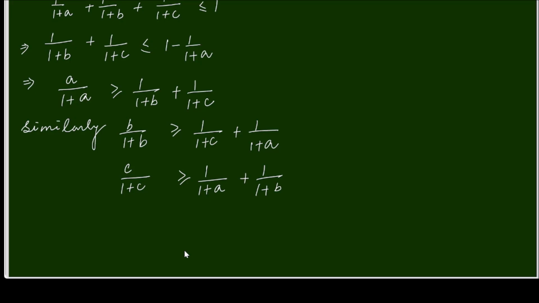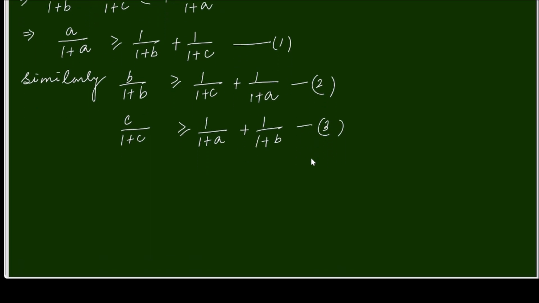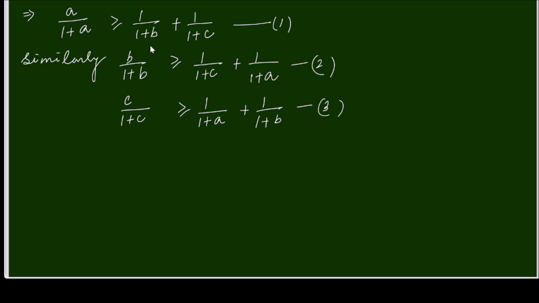So from the first relation, for each, I'll apply the relation between arithmetic and geometric mean. For the right hand side, these two, I'll apply arithmetic mean is greater than or equal to the geometric mean.